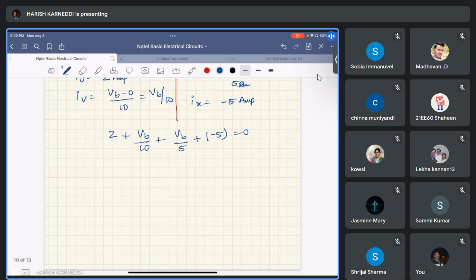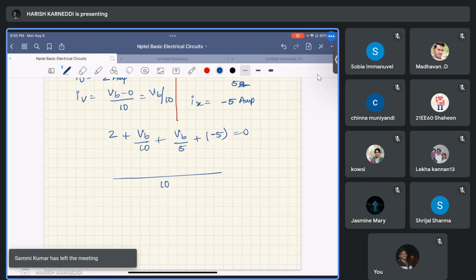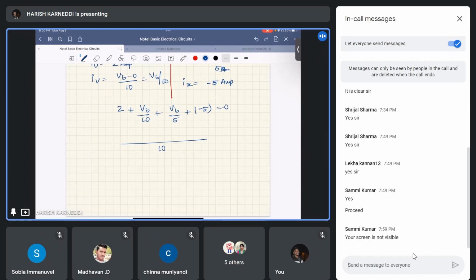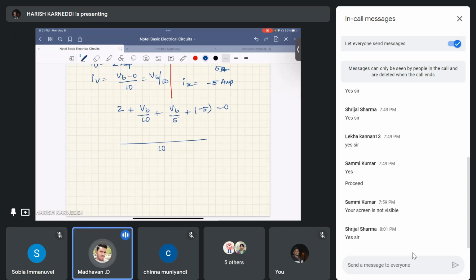It is that LCM is 10. Uh, uh, it's audible, right? Some comments. Your screen is not visible. I think now it is visible. My screen is visible. Yeah, thank you.